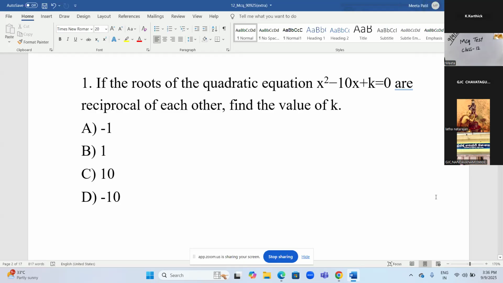Once again, I will read the question: if the roots of the quadratic equation x square minus 10x plus k equals 0 are the reciprocal of each other, find the value of k.